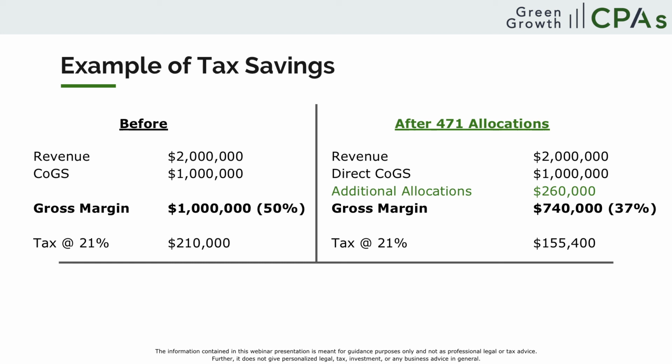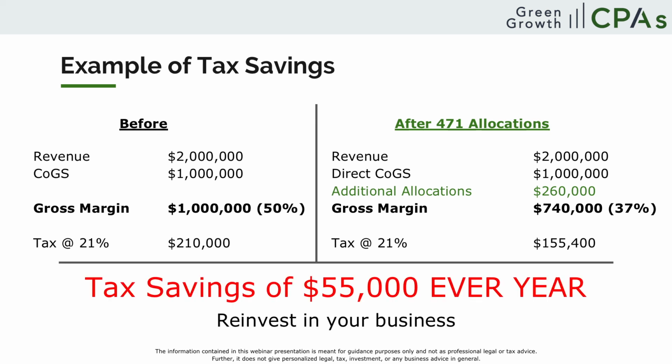That means that your new tax base is $740,000. And at a 21% tax rate, you would only pay about $155,000 in taxes. So if you take the difference of the $210,000 and the $155,000, that's about $55,000 in tax savings every year. And with that kind of money, you can reinvest into your business, grow revenue, and improve your operations.